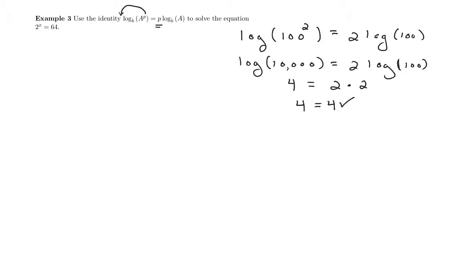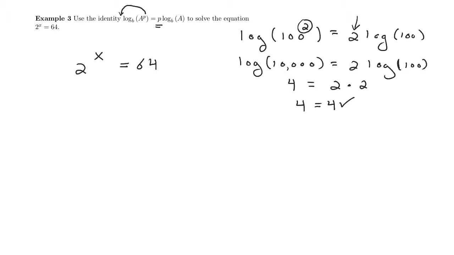So this rule basically takes us from something that has this 2 in the exponent to it being in front of the function. It basically gets rid of the exponent, which is why logarithms are useful for solving exponential equations. So let's go over to 2 to the x is equal to 64. Again, this is something that you can type into a calculator to guess your answer, but I want to just apply this identity to this equation.